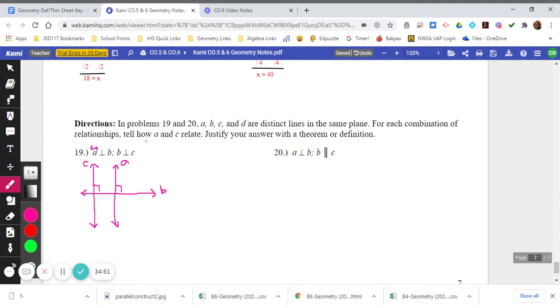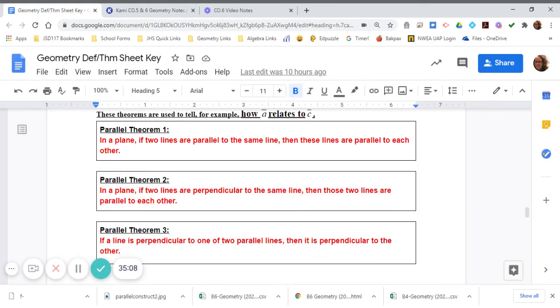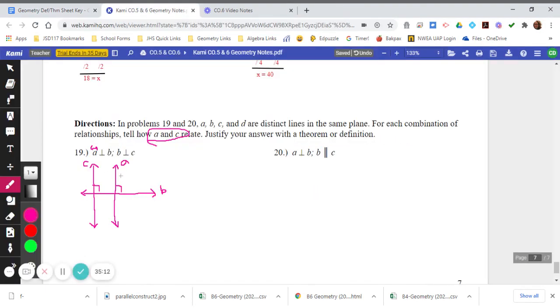Well, now if they're asking me to relate A to C, I can see a lot more easily here in the picture than up here in the notation that these two just have to be parallel. Okay, if those are my options, my theorems here are only giving me parallel and perpendicular lines, then these definitely aren't going to be perpendicular. A and C would be parallel.